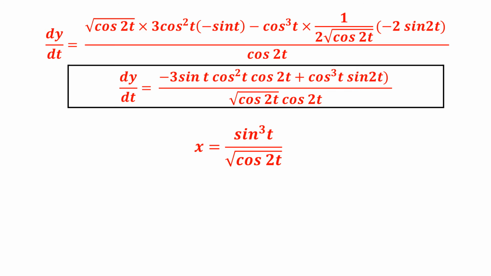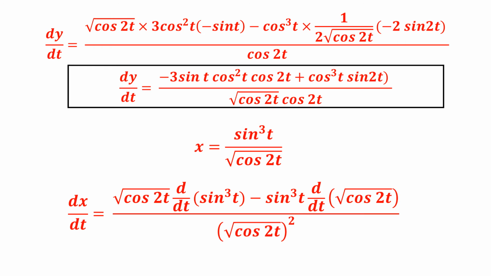x is sin cube t upon root cos 2t. Our dx by dt is, again we are using u by v form, denominator square in the denominator, then denominator into derivative of the numerator minus the numerator into derivative of the denominator.